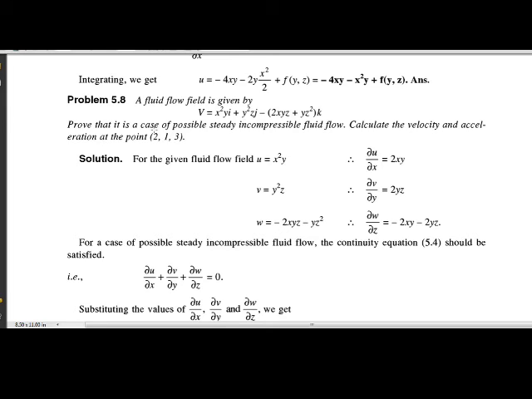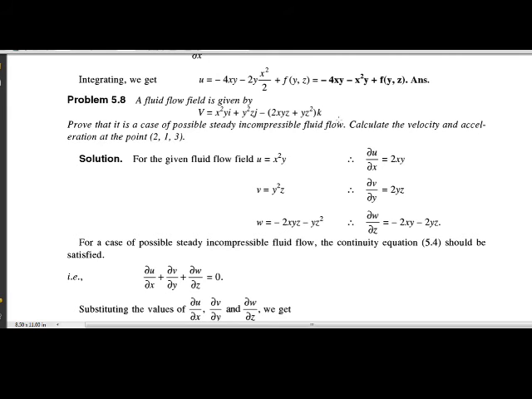Prove that it is a case of possible steady incompressible fluid flow. Calculate the velocity and acceleration at the point (2, 1, 3). So here we have to find the velocity and acceleration at this point, and also prove that it is a case of possible steady incompressible flow.